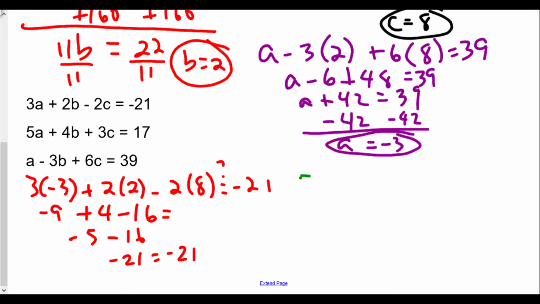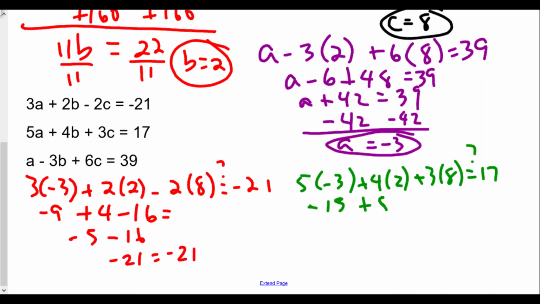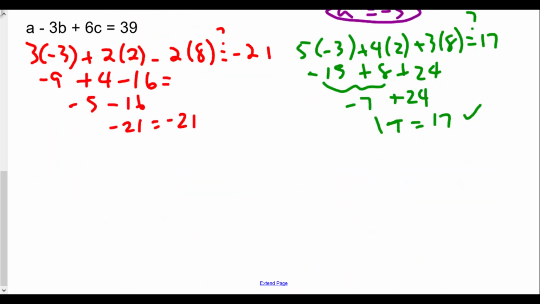So does 5 times negative 3 plus 4 times 2 plus 3 times 8 equal 17? Well, negative 15 plus 8 plus 24 is equal to negative 7 plus 24. That's equal to 17, actually. 17 equals 17. Check.